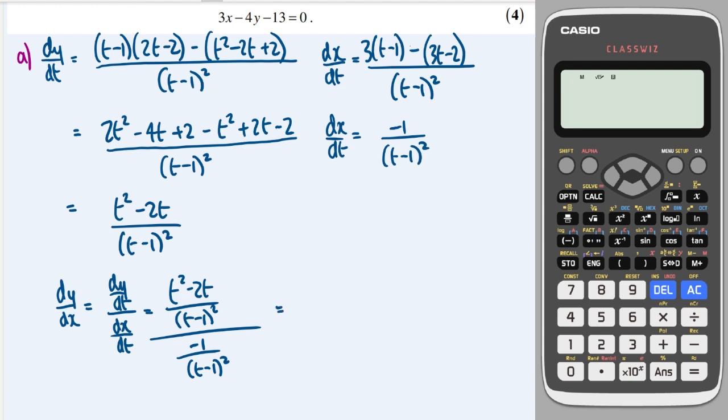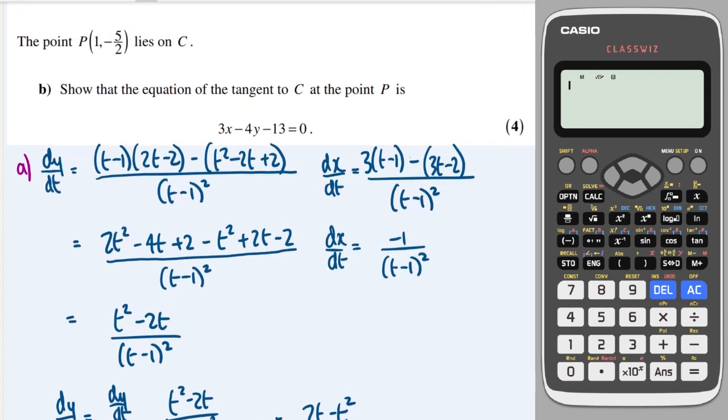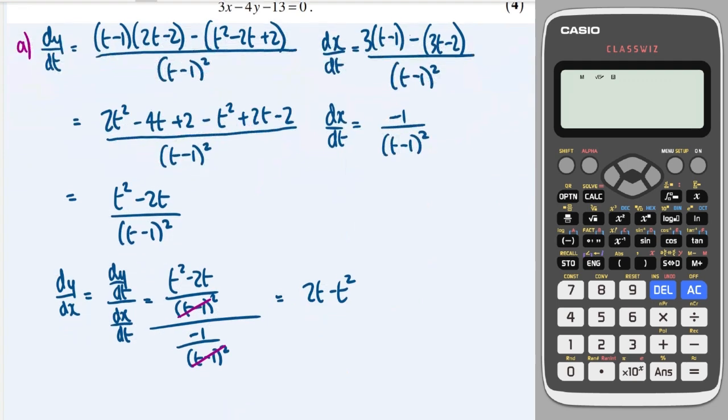So these can cancel, because both the top and the bottom have a factor of 1 over t minus 1 all squared. And if I'm dividing through by minus 1, I'm just going to be flipping around the coefficients here. So that will be 2t minus t squared. Okay, brilliant.